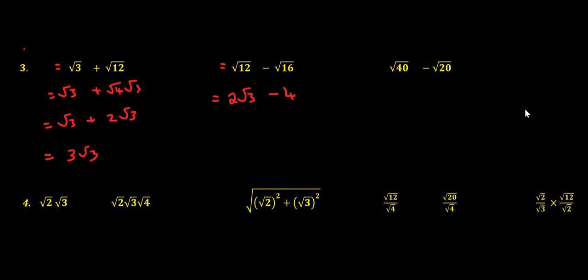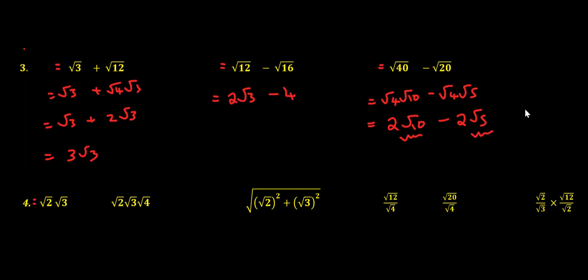We can't simplify that any further. This simplifies as the root of 4 and the root of 10 minus the root of 4 over the root of 5. That is 2 root 10 minus 2 root 5. We can't simplify that any further as these are different.